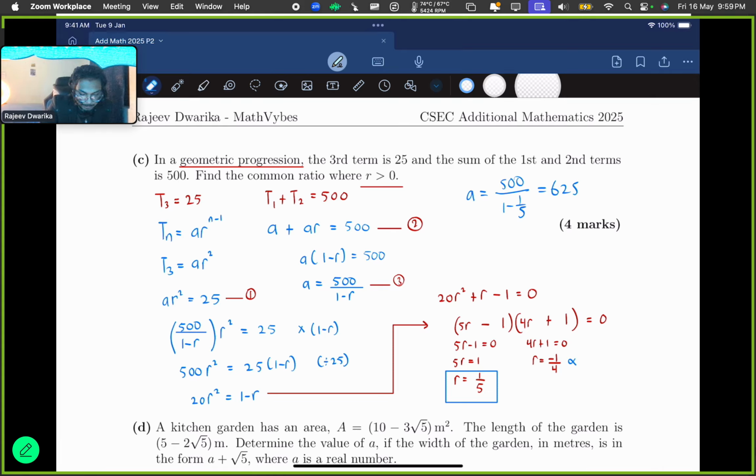Let me see if we did anything wrong. The third term is AR squared, and that's equal to 25. Verify that that's correct. That makes sense, right? Yes. And then we have A plus AR equal to 500. The first term is A, obviously, and the second term is AR, and that's equal to 500. So I pull out the A, A by 1.